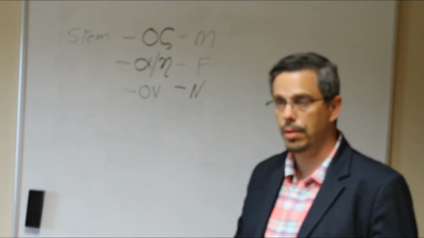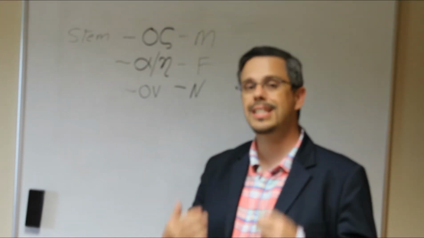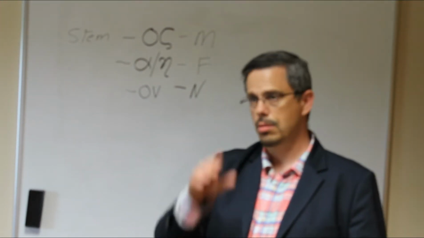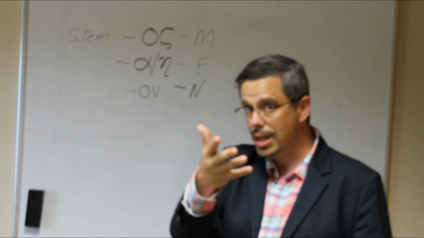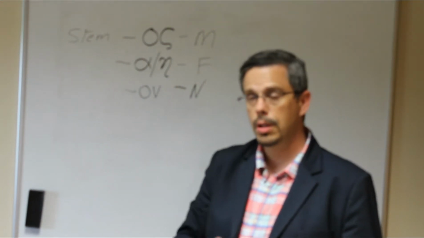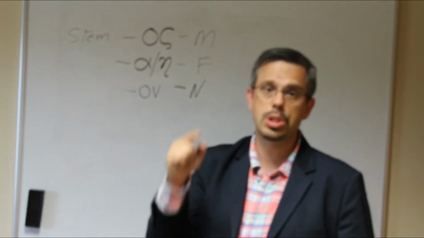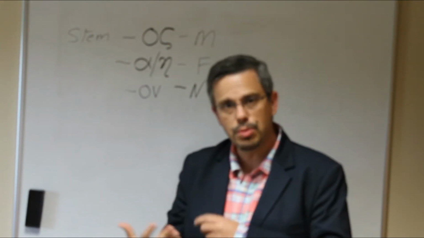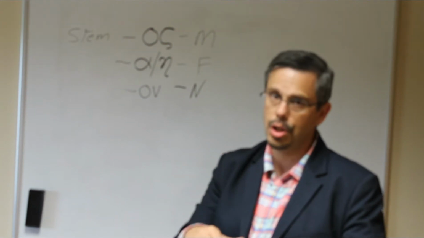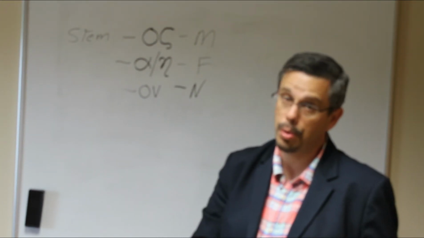So for example, if in English the word were teacher, and you're using it as the subject of the sentence, it would have a certain ending in Greek. But you could also say teachers, plural. And it could still be the subject of the sentence. So it'd still be that case, the subjective case. But in English, we'd put an S on it. In Greek, we change the ending on it. Similar to putting an S on it.